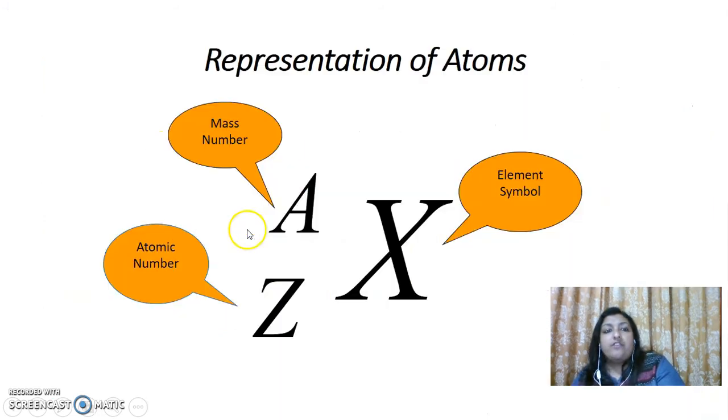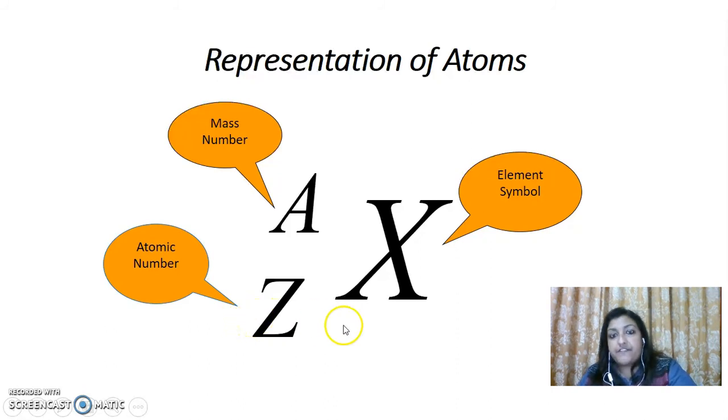Now, how is it represented? This is the element symbol that you can see over here, and you can see here the mass number and the atomic number. The atomic number, we have already learnt about it. The atomic number is your number of protons. So your atomic number is the same as the proton number.